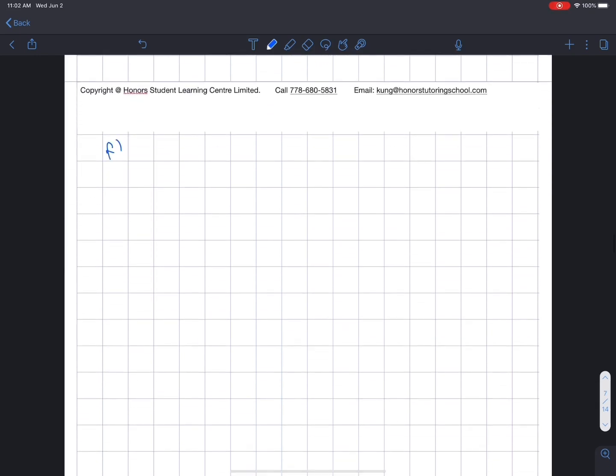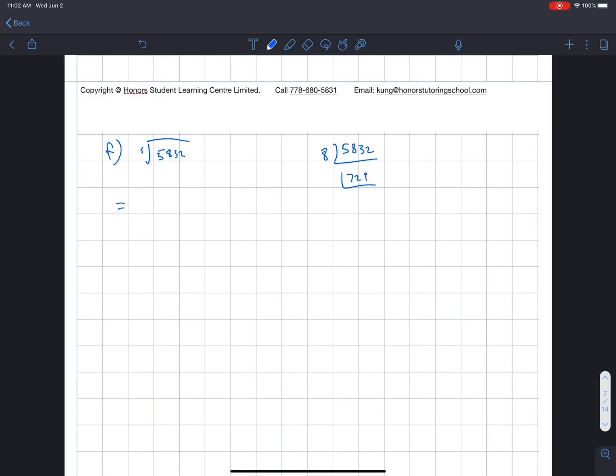F. Cubic root of 5832. Again, I'll try to divide this by 8. That's always the first number that I try here. I get 729. I can try 8 again, and it doesn't work.